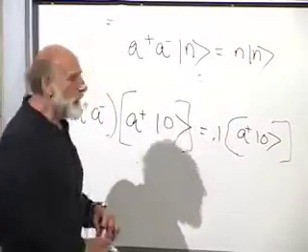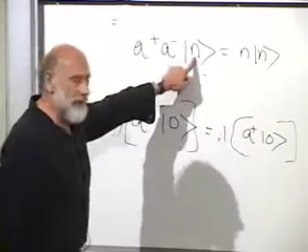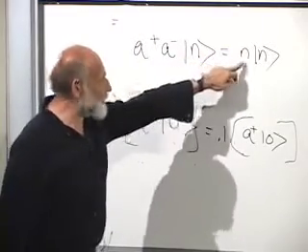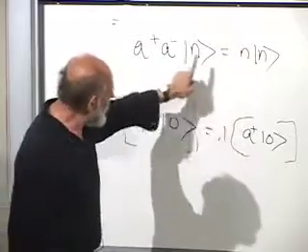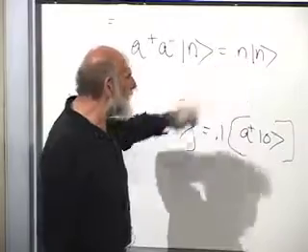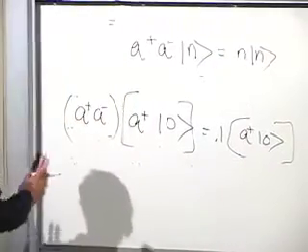Now, you might get the idea that I'm thinking that n is an integer, and I am. But at the moment, I have no need to assume n is an integer. It's just a number. This is an eigenvector. Here is its eigenvalue by definition. May or may not be an integer.